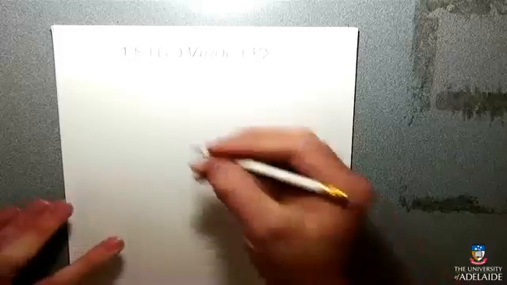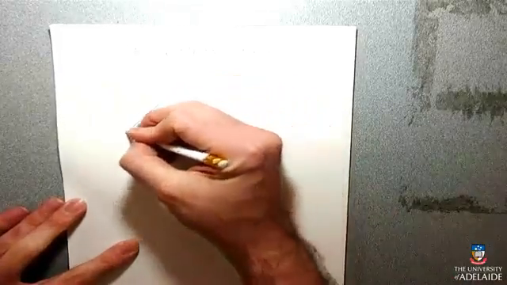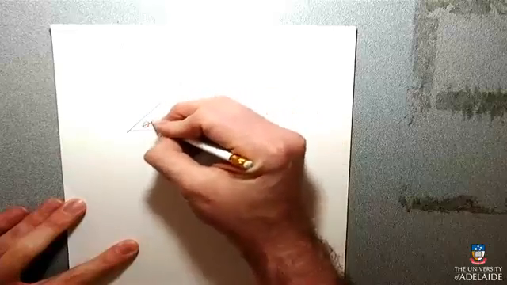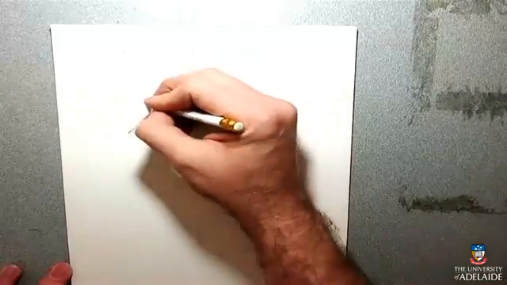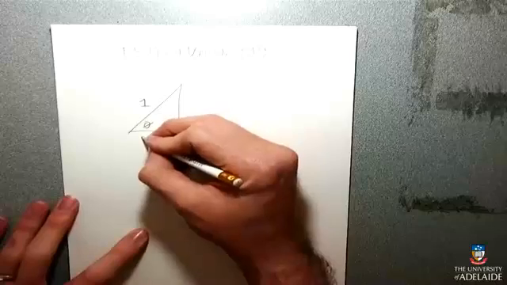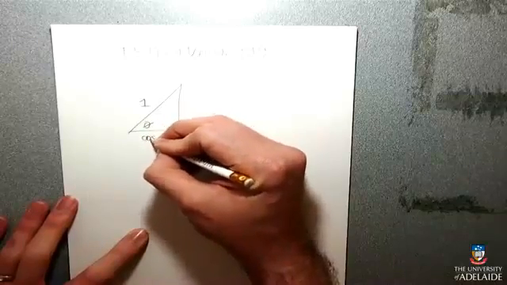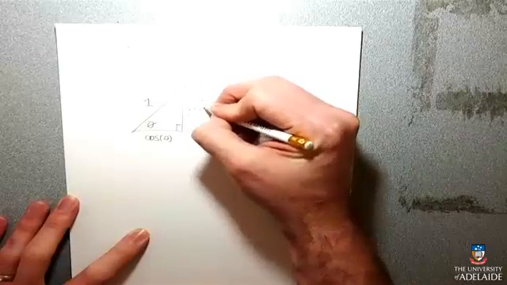And the classic definition of the trigonometric functions is this. If you have a right-angled triangle with an angle just here, and if this length is 1, then this length is cosine of theta, and this length is sine of theta.